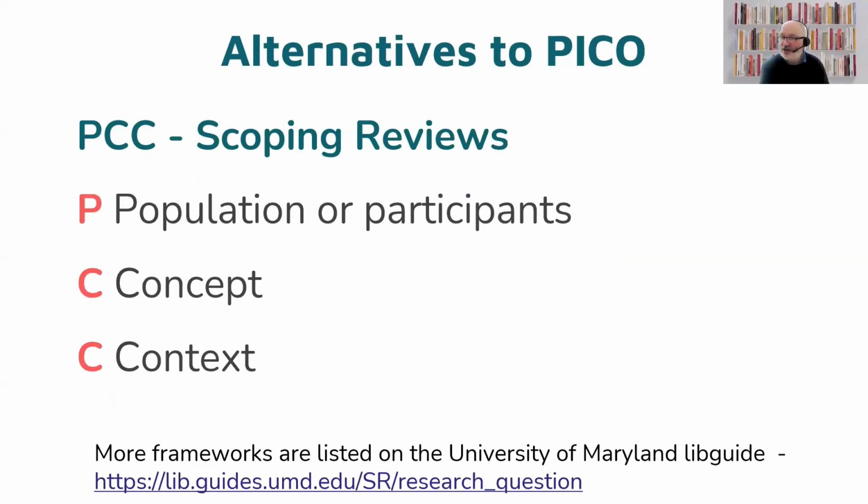I've seen this a lot, it's very popular for scoping reviews: PCC, which stands for population or participants, concept, and context. I've seen other ones. My personal favorites are CoCoPop and BeHEMoTh. So there are a lot out there. So make sure you pick the right framework for your question.